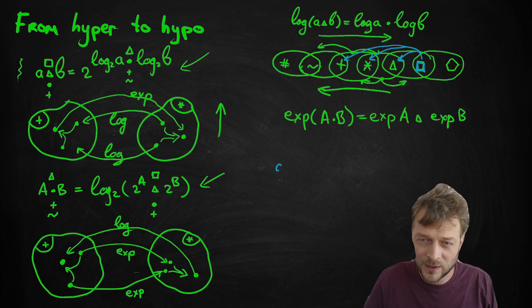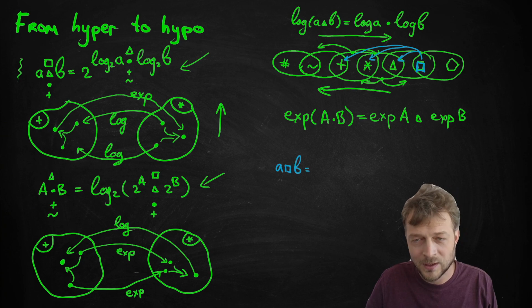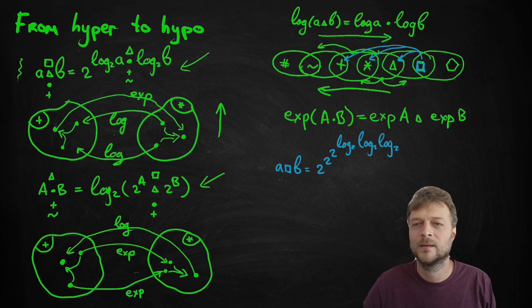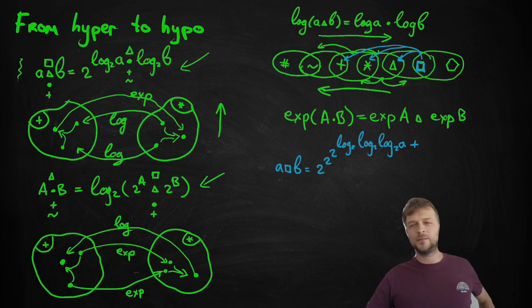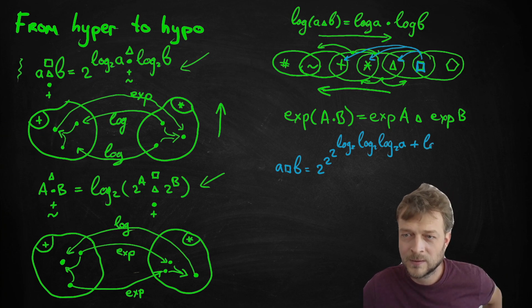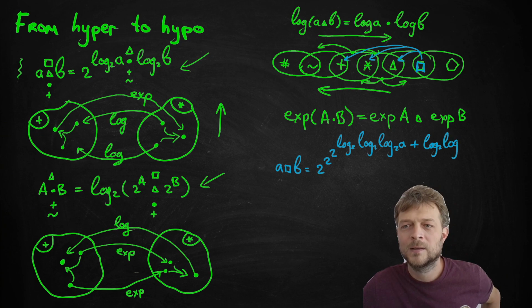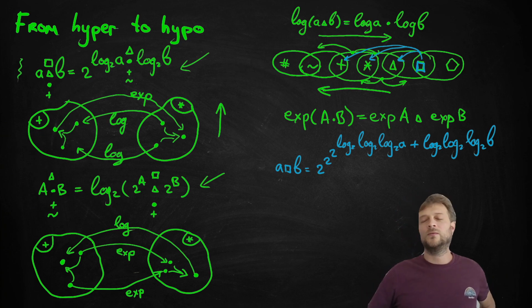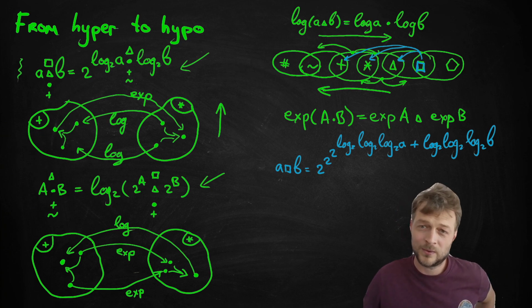So if we have a square b, you can recall from the previous video that we will have something like 2 to the power 2 to the power 2 and then triple log. And because that's triple, it means we arrive at plus operation at the end. This is the sort of recursive tower that we can build.